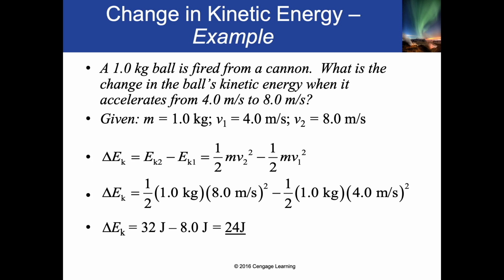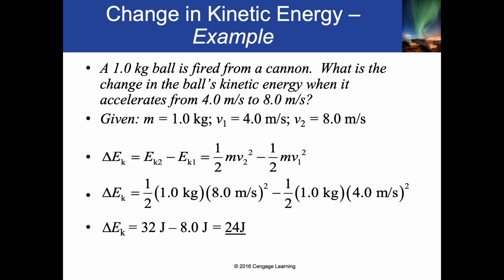We get change in EK equals 1/2 times 1 kilogram times 8 meters per second squared, minus 1/2 times 1 kilogram times 4 meters per second squared. Okay, so easy stuff.